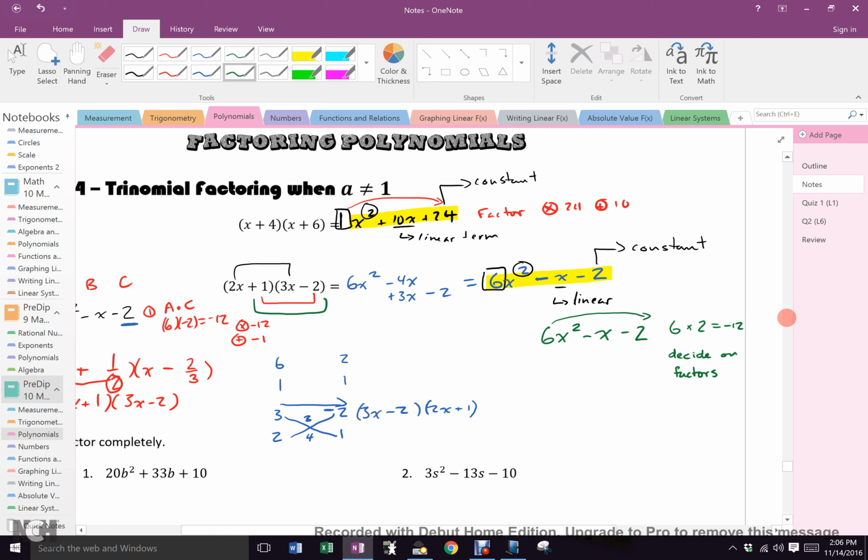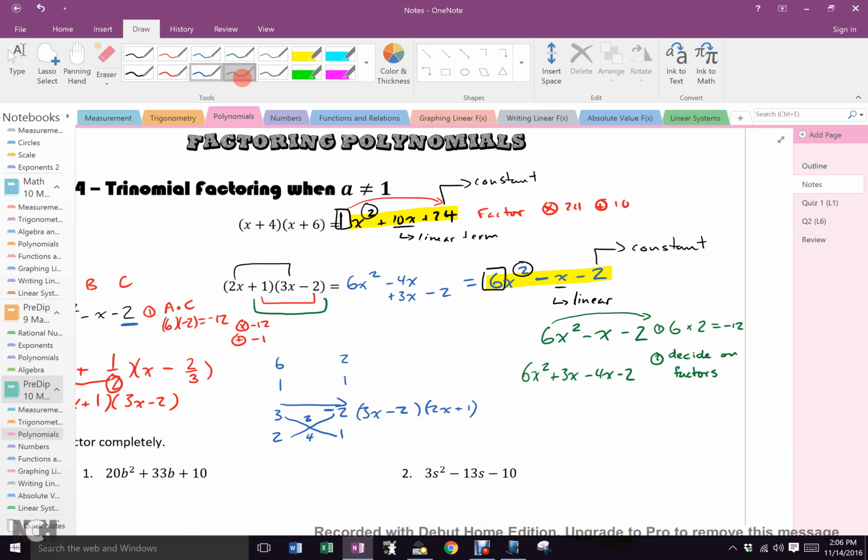So we already know that it's 3 and 4, right? Positive 3 minus 4. And you write it as 6x squared plus 3x minus 4x minus 2. Do you all see how it's the same thing? 3 minus 4 gets me negative 1, yeah?